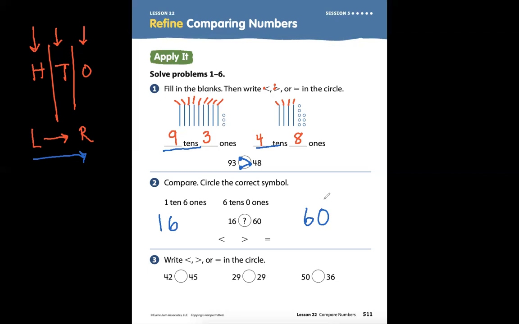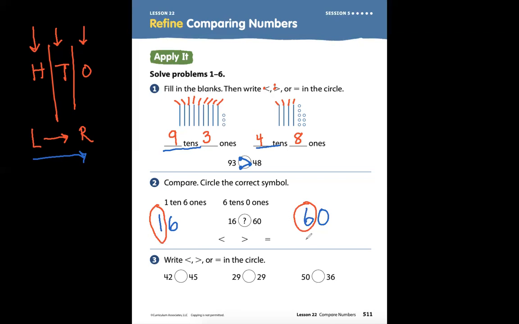So I have to decide which symbol I'm going to use. Remember, I have to start at the greatest place value. So here I have 16. Here I have 6 tens. So which one is greater, 16 or 6 tens?